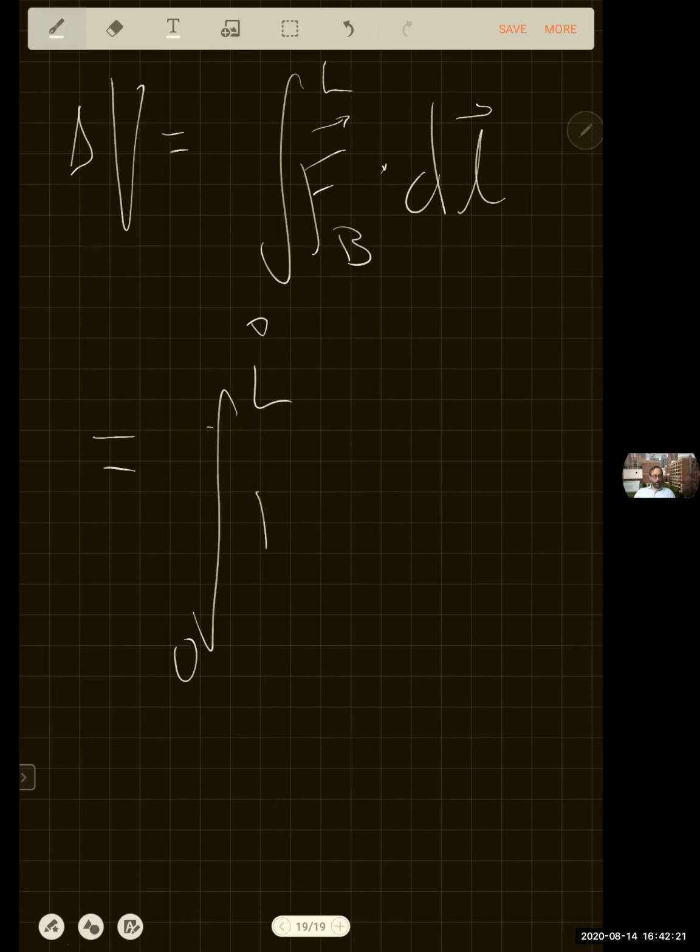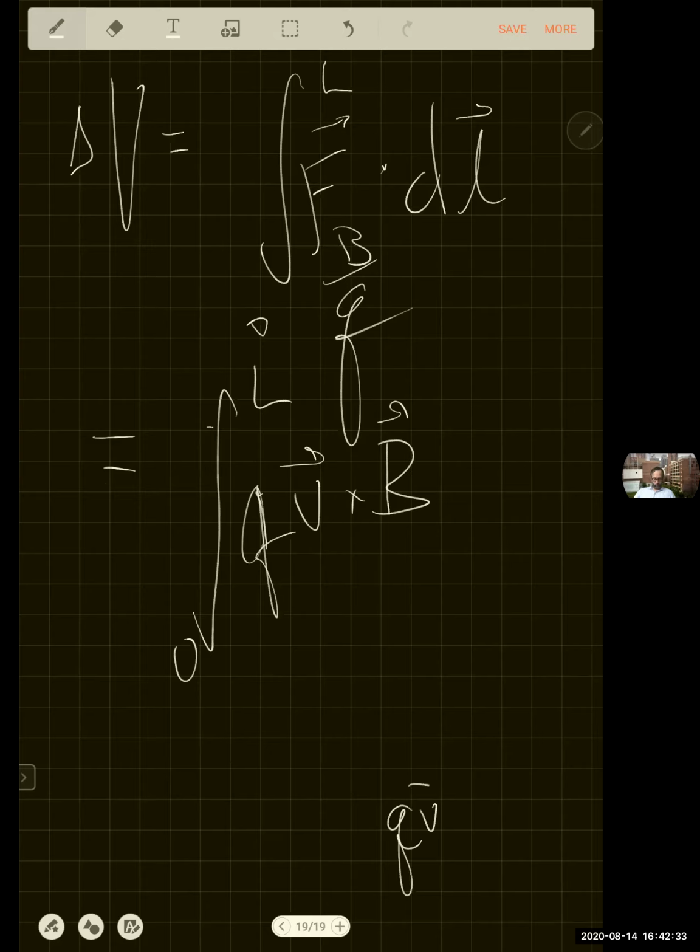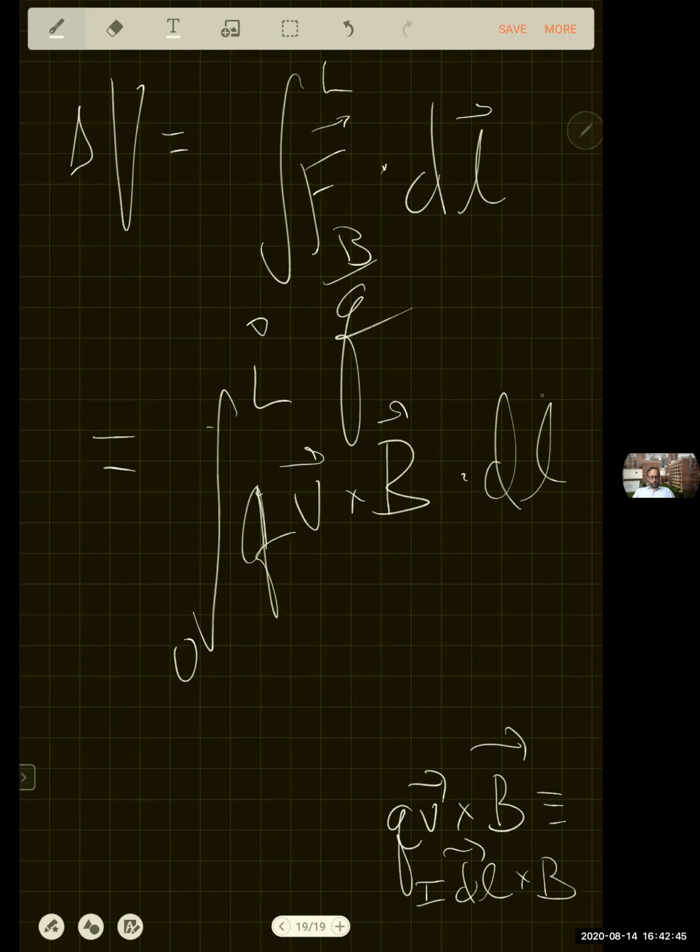Okay, so on the next page. What is the magnetic force? The magnetic force is QV cross B, all divided by Q. Now, V cross B means VB sine theta.